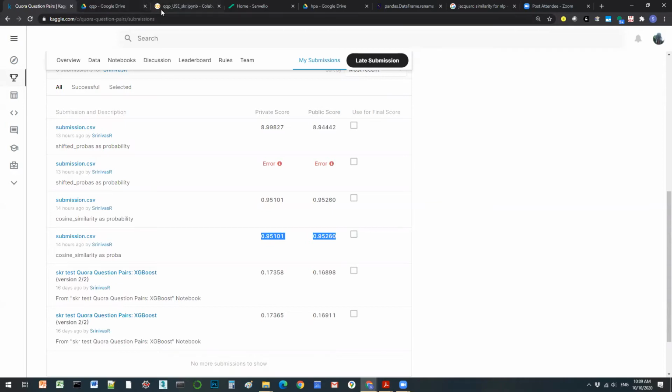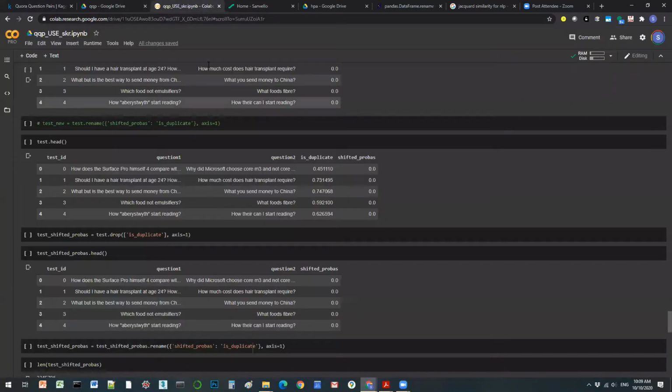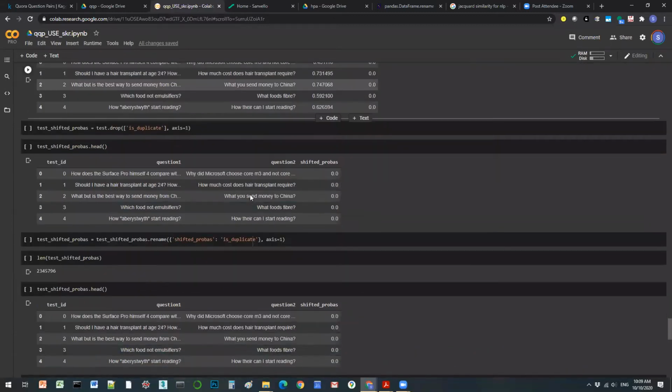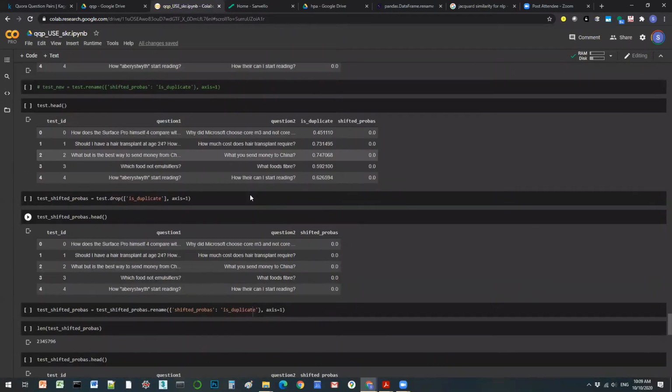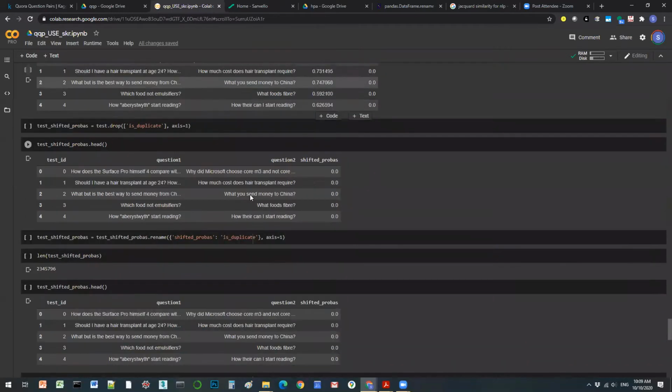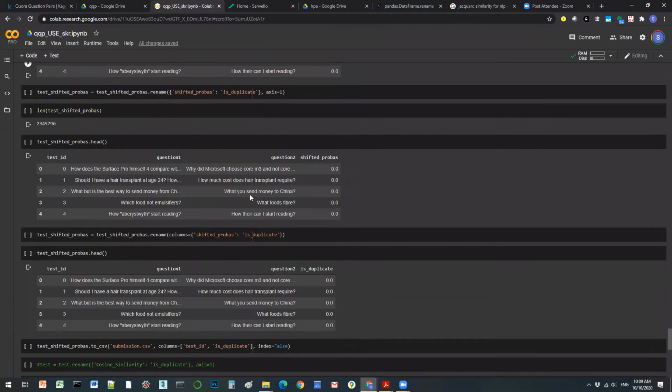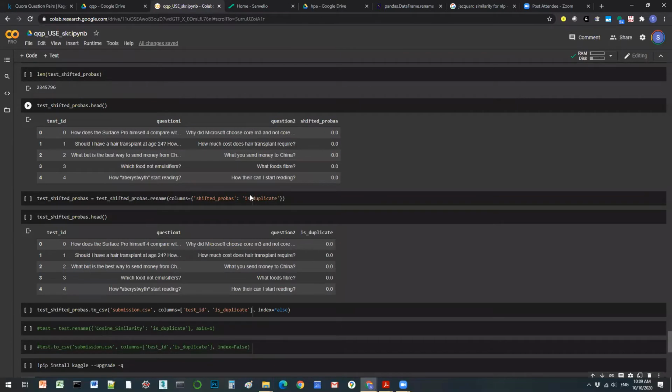So one of the things that I saw, as I mentioned, I made the nan values empty strings and then calculated the cosine distance.